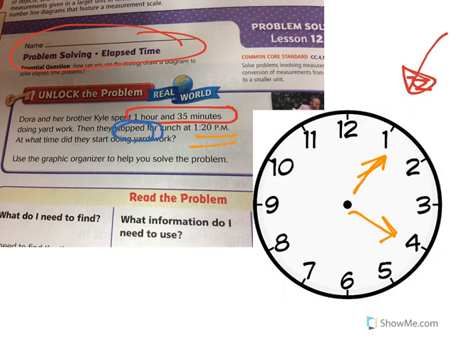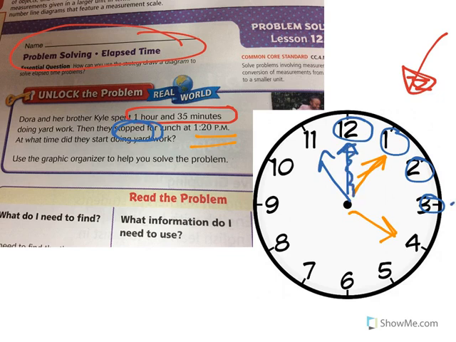So I suggest we always go back the hour first. Whoops, we go back the hour first, so we'll change that. And then we're going 35 minutes. So 5, 10, 15, 20. Because I hit that 12, my arrow's now going to go to my 11. I'm going to cross that one out now.